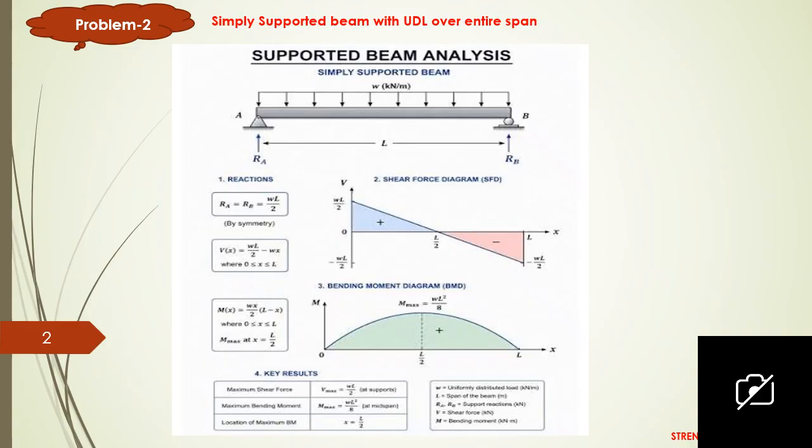If bending moment is 0, shear force will be maximum. You can see in the bending moment diagram at 2 points, the support points, bending moment value is 0. But in the shear force diagram, at the support point, the shear force value is maximum, that is WL by 2 positive and WL by 2 negative. This is the relationship between shear force and bending moment.